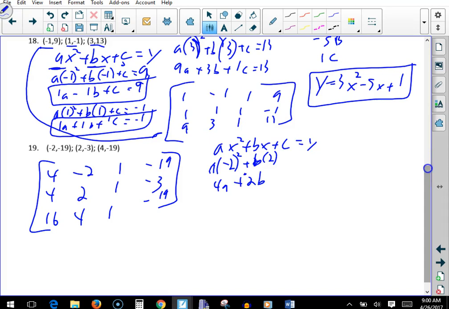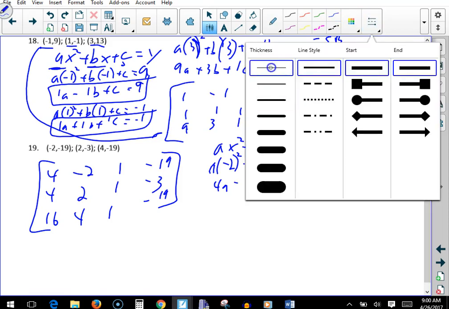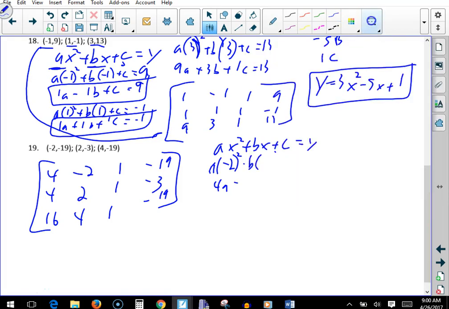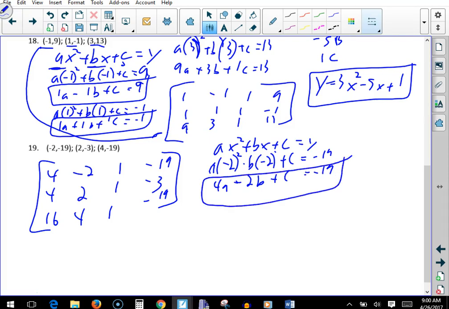Yeah, negative 2. So B, negative 2, negative 2B, plus C equals negative 19. And then there's my first line of my matrix, right there.